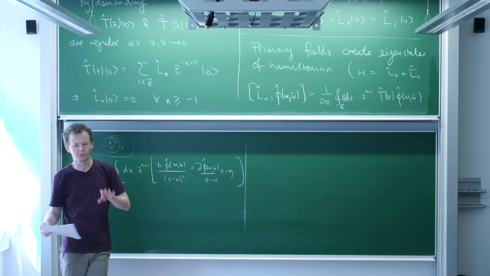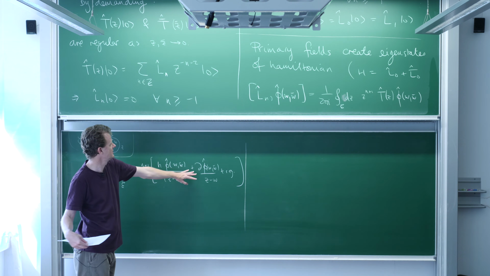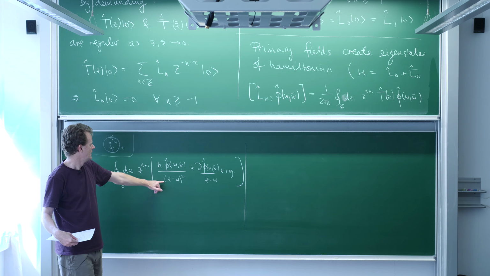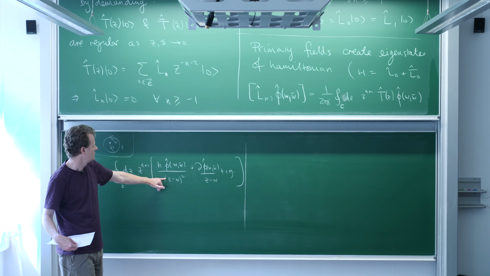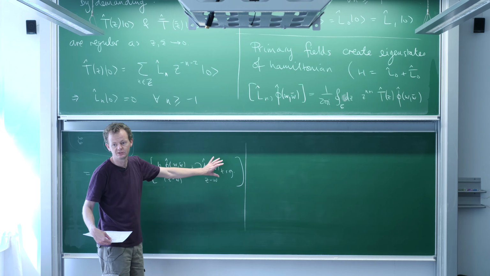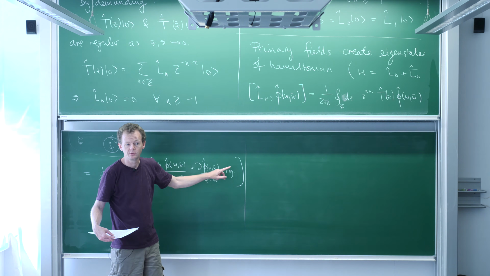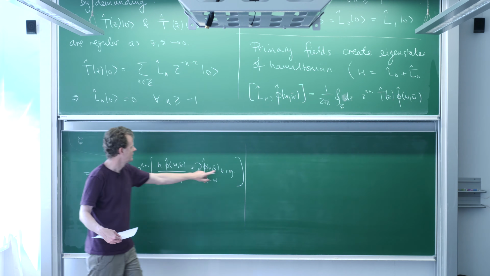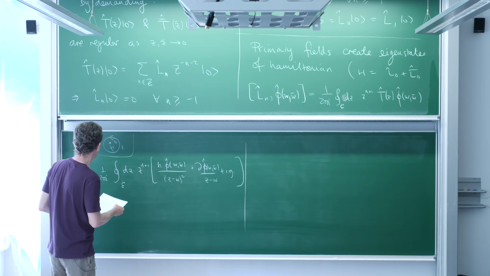And the OPE for a primary field with a stress energy tensor is defined essentially to be this. It's the only thing that's consistent with the correlation functions. And so we have two singular terms and a third term which is regular. There's an infinite number of terms here. But when you do the contour integral of any regular function, you just get 0. So you only have two terms emerging.